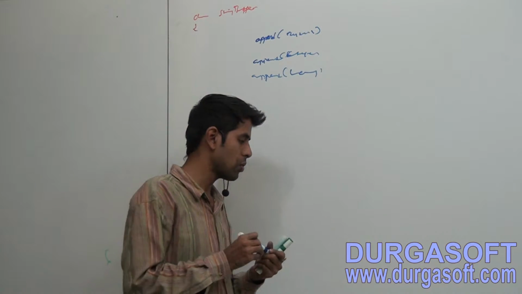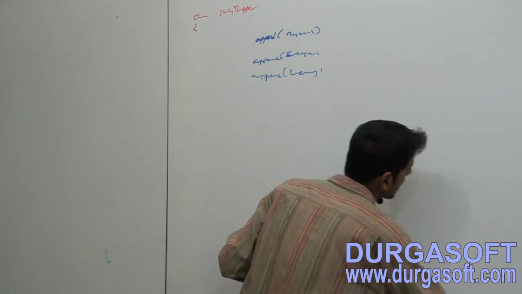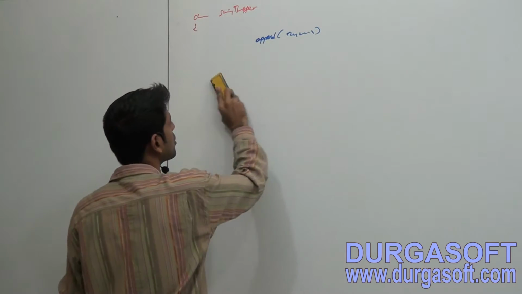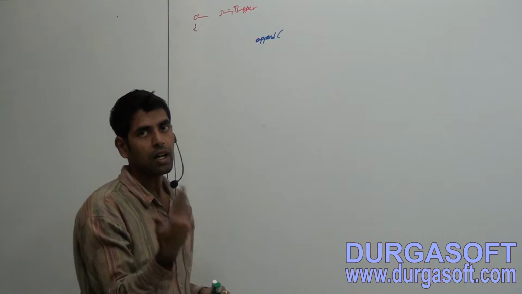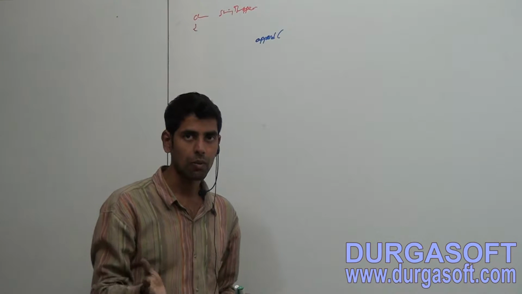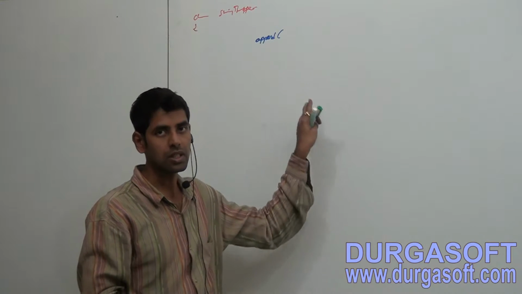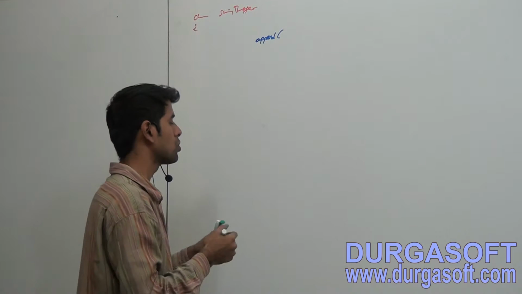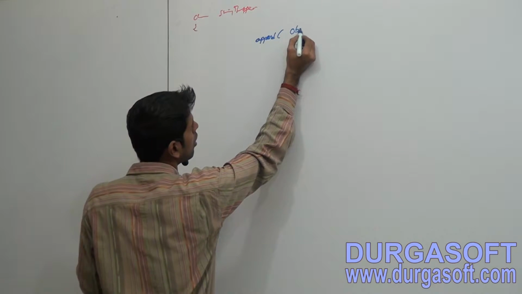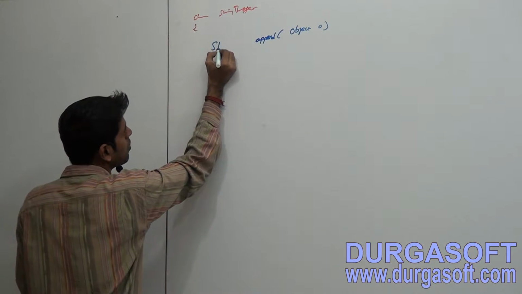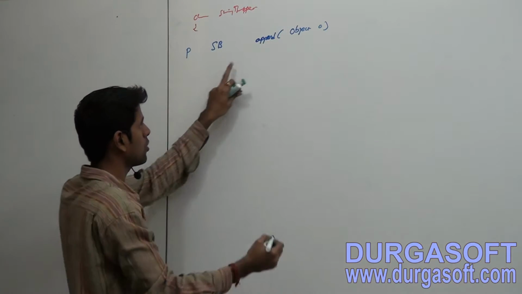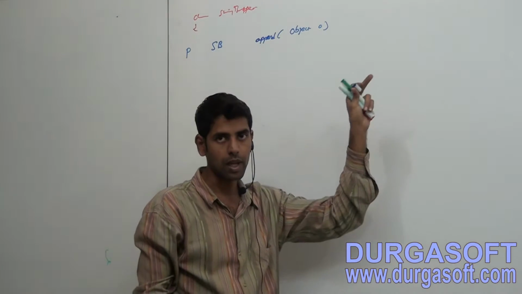So let me put one small thing, object, as an argument. What happens? You can pass any value as an argument to this append method.